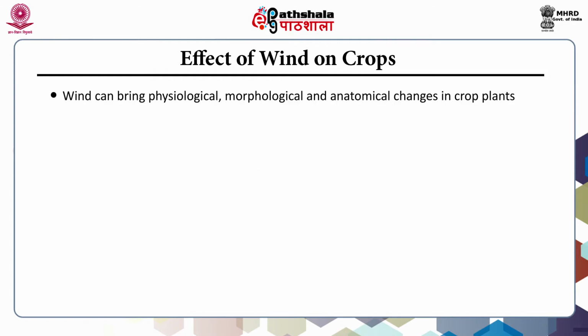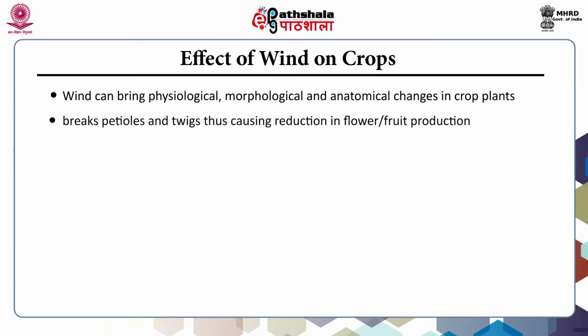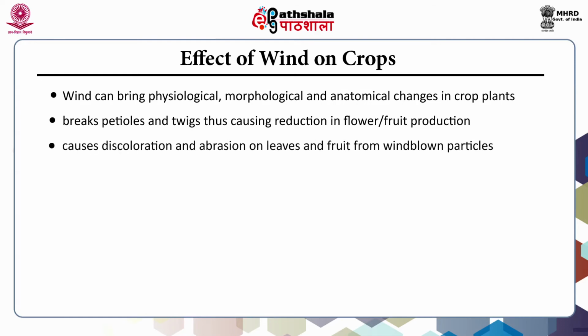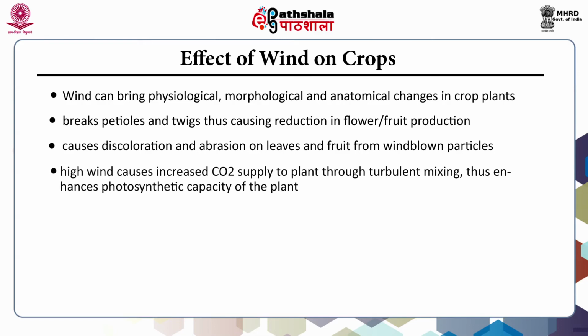Wind can bring physiological, morphological and anatomical changes in crop plants, like it breaks petioles and twigs, thus causing reduction in flower or fruit production. It causes discoloration and abrasion on leaves and fruit from wind-blown particles. High wind causes increased carbon dioxide supply to plant through turbulent mixing, thus enhances photosynthetic capacity of the plant.